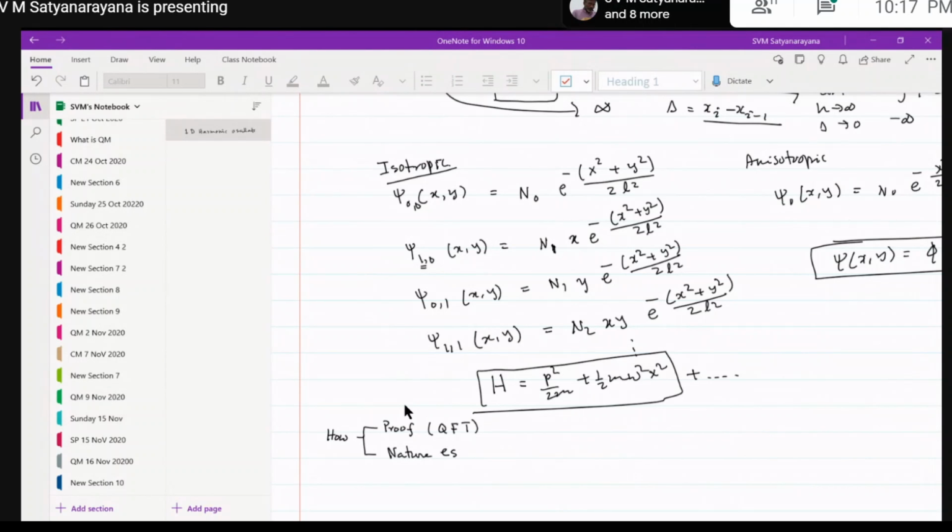Nature establishes that connection. That is why I mentioned that it is a spin-statistics connection. But one can mathematically prove it as the spin-statistics theorem in quantum field theory. The two important theorems in quantum field theory are the CPT theorem and the spin-statistics theorem. So this connection between spin and statistics is one of the fundamental natures of the particles.